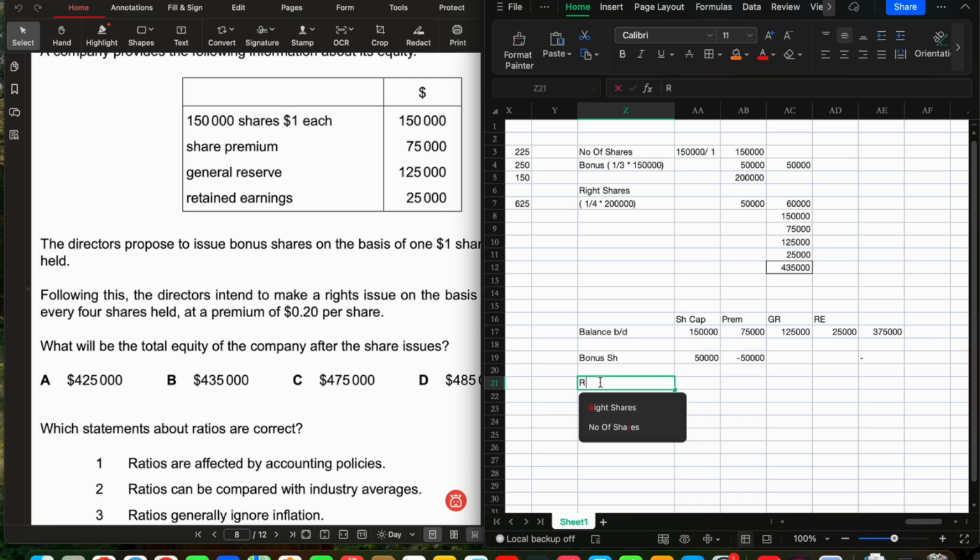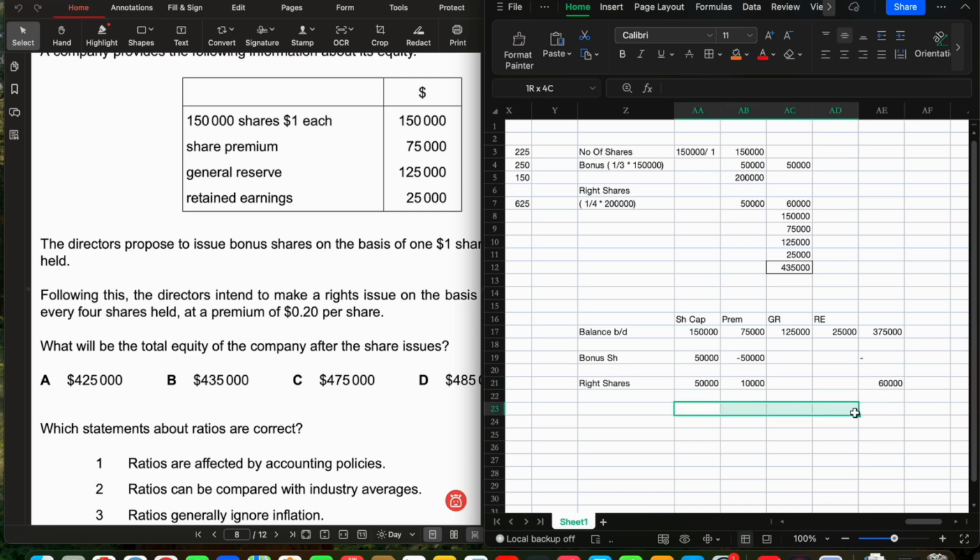Then we issue rights shares, and we also issue 50,000 rights shares. So the par value is 1, so in share capital we'll only write down the par value. So 50,000 into 1 will still give you 50,000. And in premium, 50,000 shares into the premium, which is 0.20, that will give you 10,000. So we'll write it here. Overall my 60,000 is adding up here.